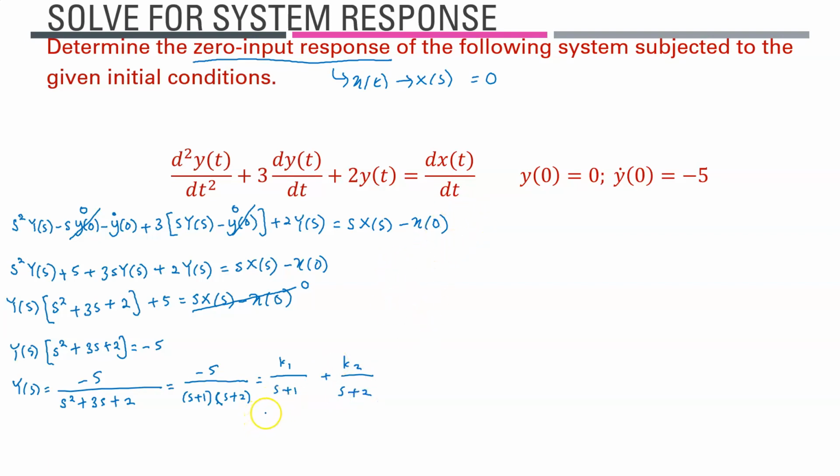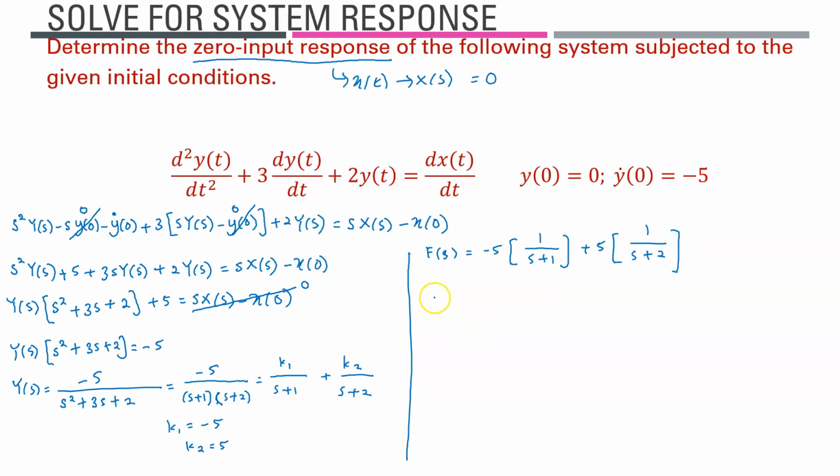If you solve this, you will get k1 equals minus 5 and k2 equals 5. So F(s) will be minus 5 times 1 over s plus 1, and 5 times 1 over s plus 2.